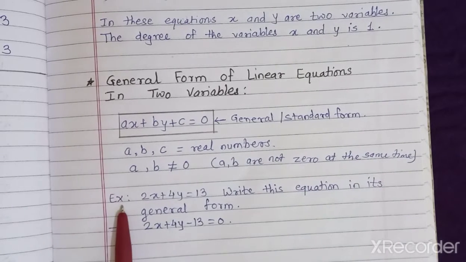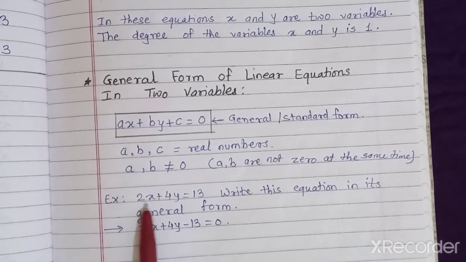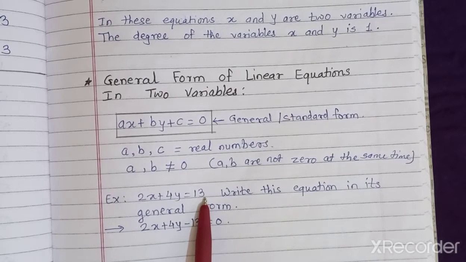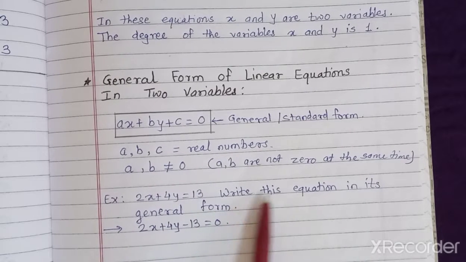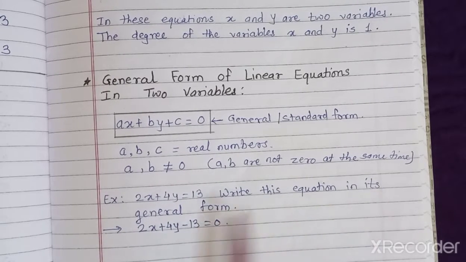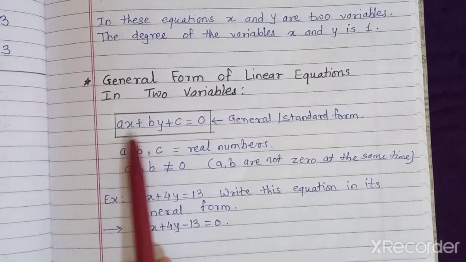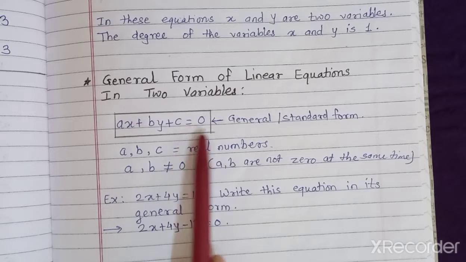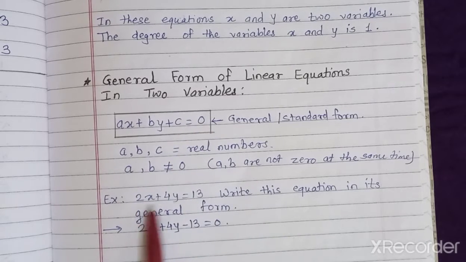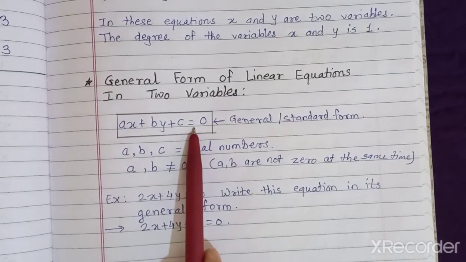Okay, now example 2x plus 4y is equal to 13. Write this equation in its general form. So we know what is the general form. Ax plus by plus c is equal to 0. Now this given equation is not in the general form.